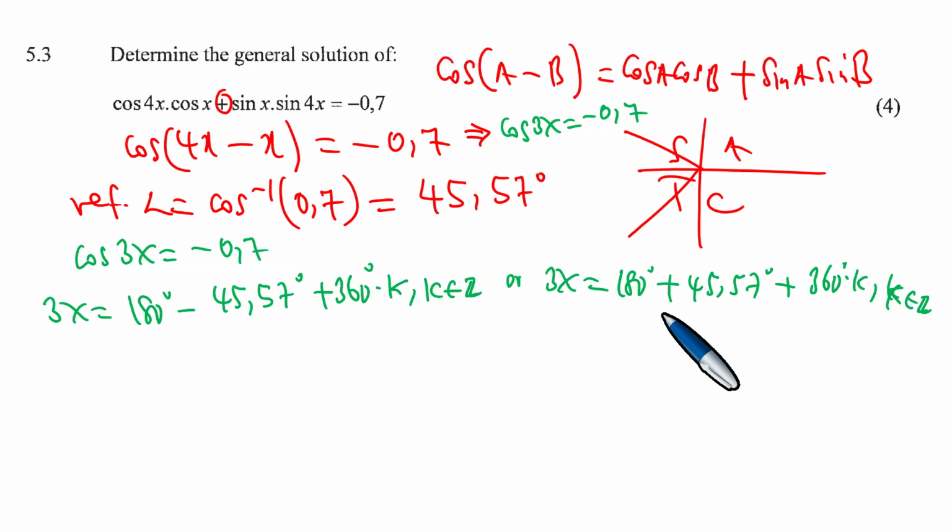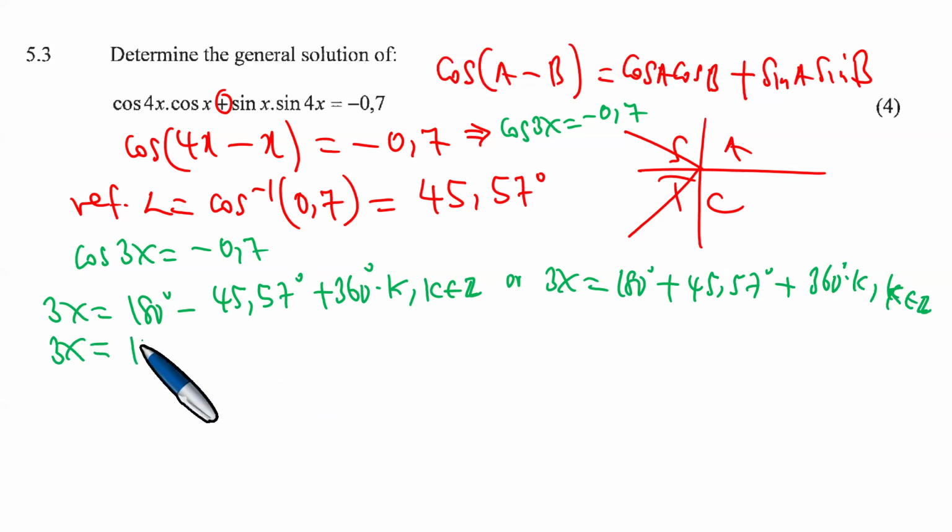So if we have the cosine of 3x, cosine of 3x is equal to exactly that one there. Okay, so now 3x equals, right, at this point you have this, and this is exactly 180 degrees minus 45.57.